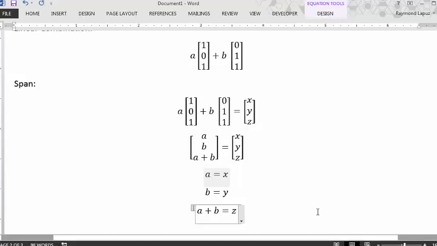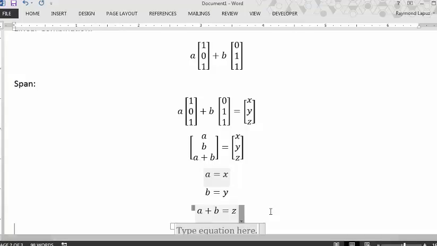And that combines all three of them. So what I wanted to do was just write x plus y is equal to z.